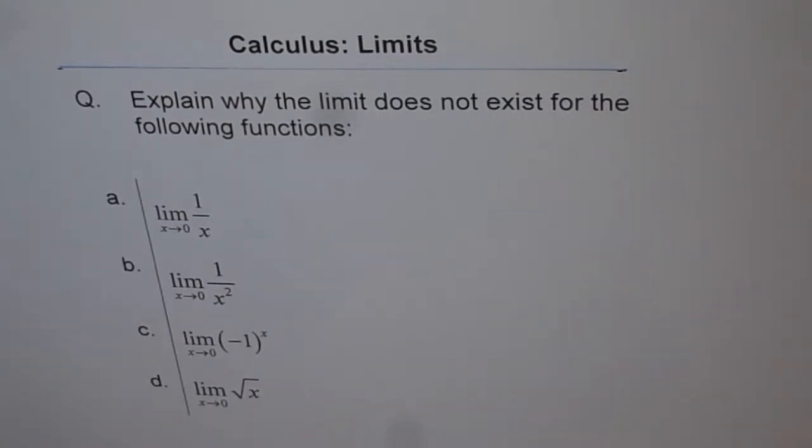You should remember that for a limit to exist, as we approach that point from both sides, we should be approaching the same value. So we should have a limit from both sides and the limit should be the same.